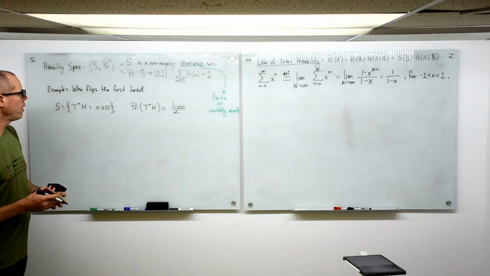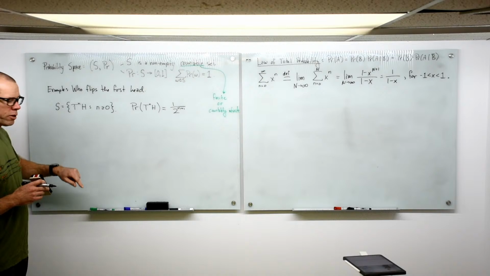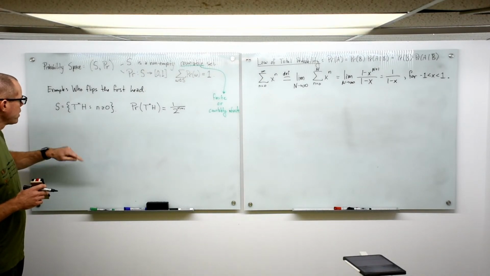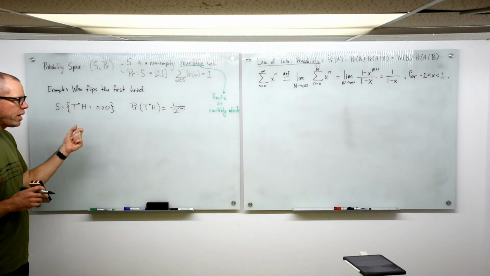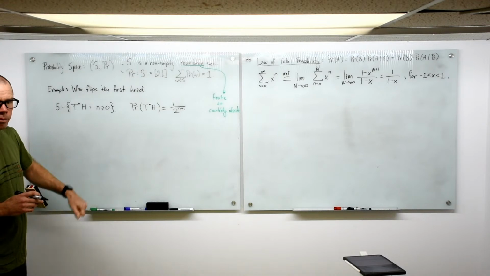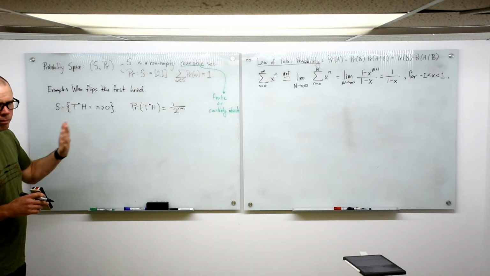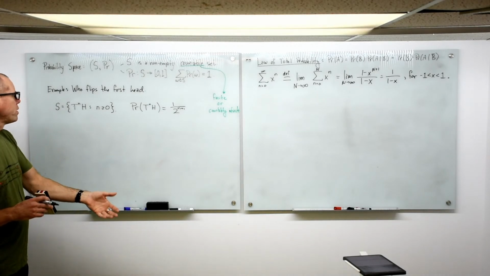So conveniently, the probability space is the same one we've just been discussing. It's a sequence of coin tosses that starts with n tails, 0 or more tails, followed by a head. Now, the coin is going back and forth, first player 1 does the first toss, and then player 2 does the second, and so on.